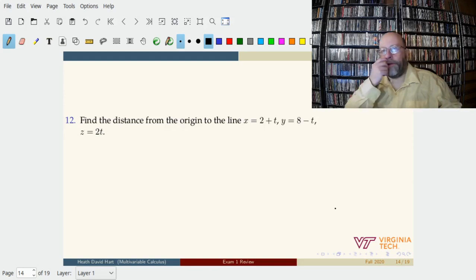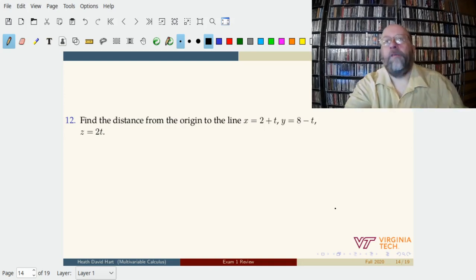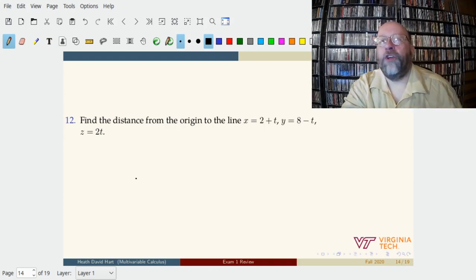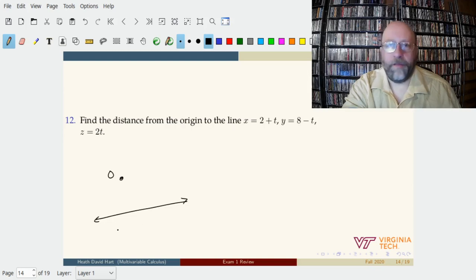All right, let's look at number 12. We want to find the distance from the origin to the line (2 plus t, 8 minus t, 2t).